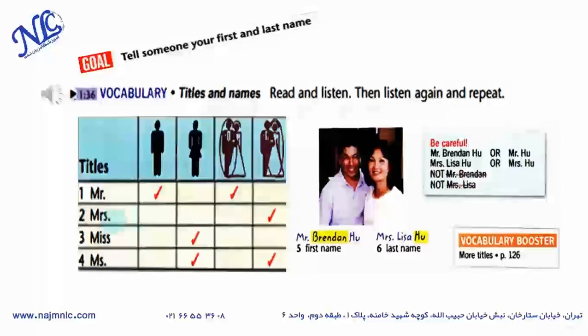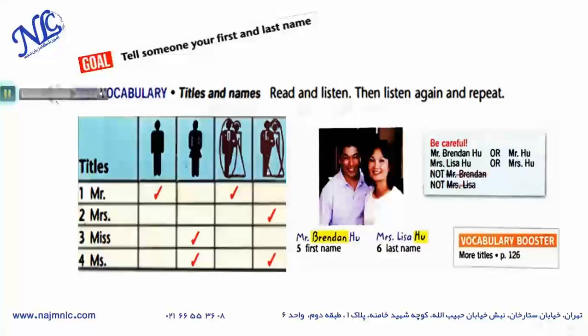How about Mrs.? Mrs. is used only for a married woman. How about Miss? Miss is used for single woman. How about Ms.? Ms. can be used for both single and married women. Alright? Now listen and repeat, please.